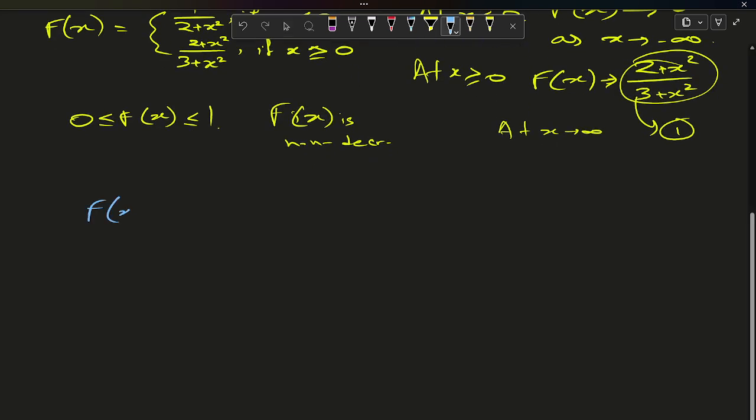F(x) is 2 plus x square by 3 plus 2x square.